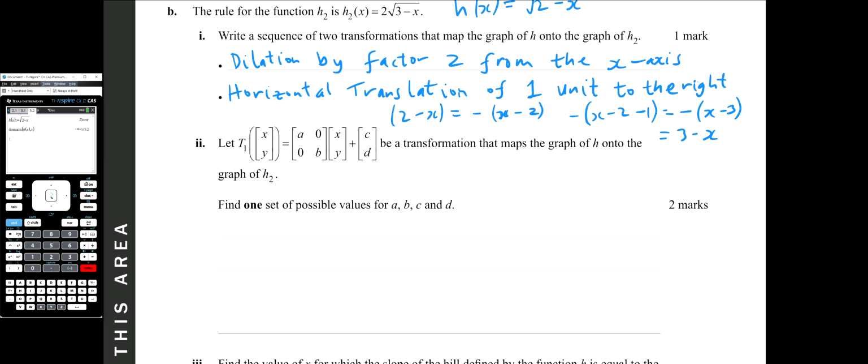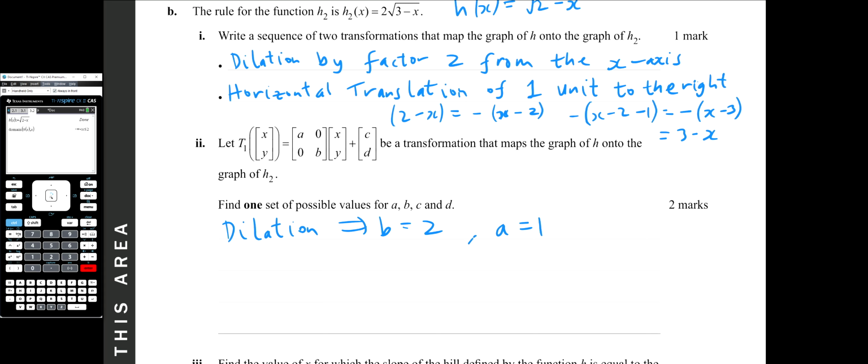So the dilation by factor 2 from the x-axis will give us b equals 2. And now, given that there's no dilation or reflection in the y-axis, we can say that a is just stuck at 1.